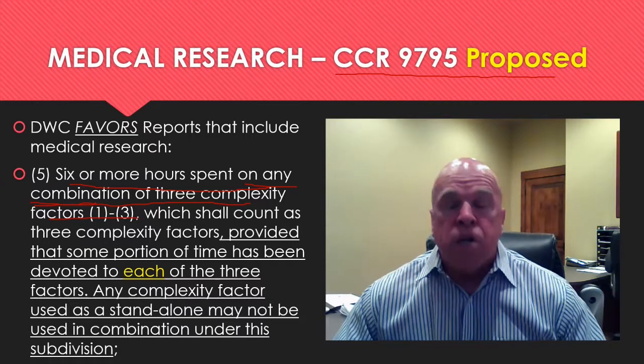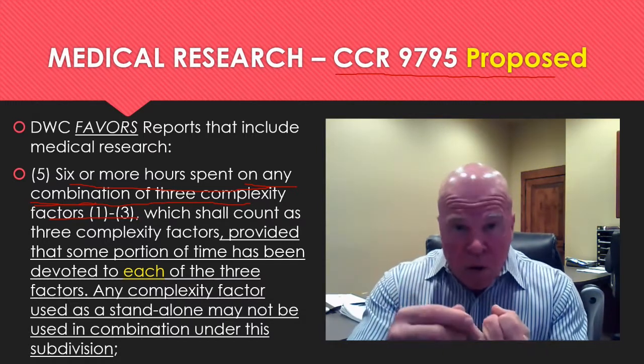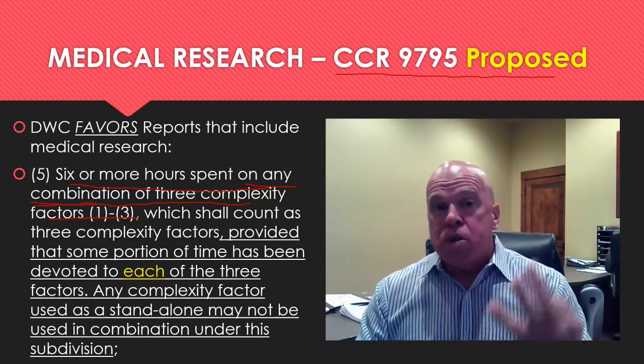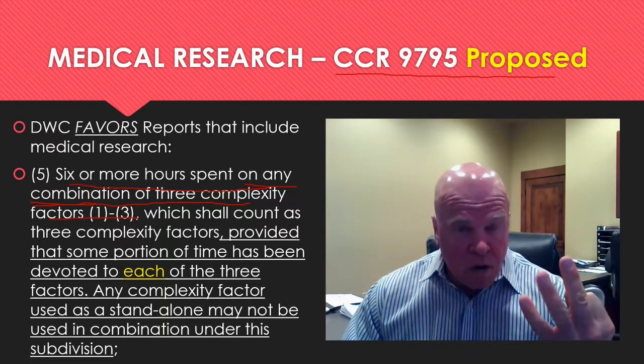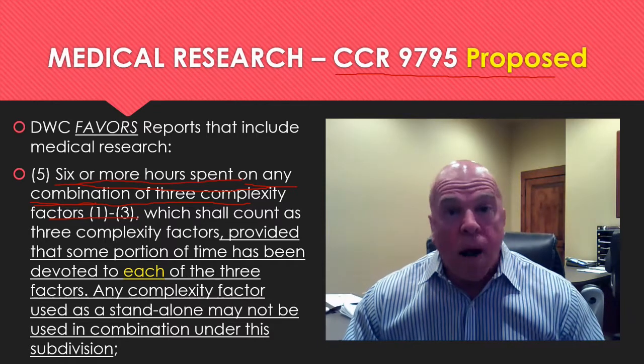So doctors argued that they could have 3 hours face-to-face, 3 hours review of records, and 0 hours of medical research, and their total is 6 hours, and under that circumstance, they would qualify for the 6 or more hours.